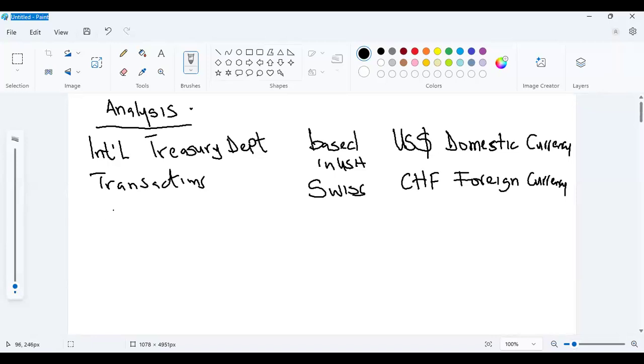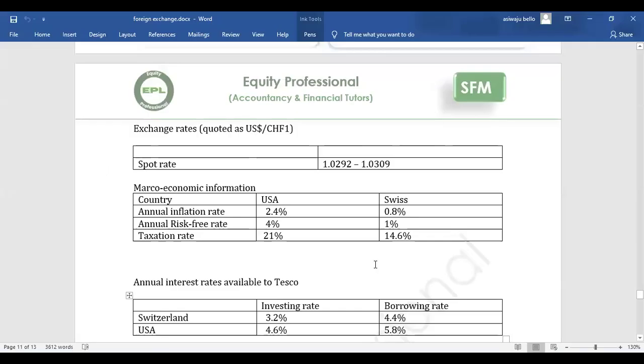Now go to the exchange rate information. Examiner says United States dollar per 1 CHF.